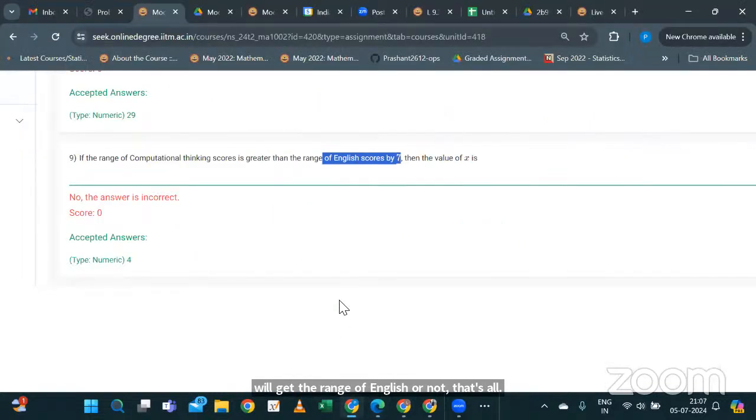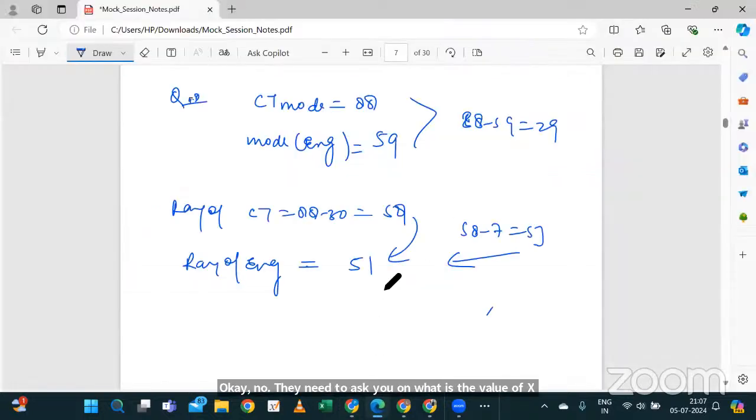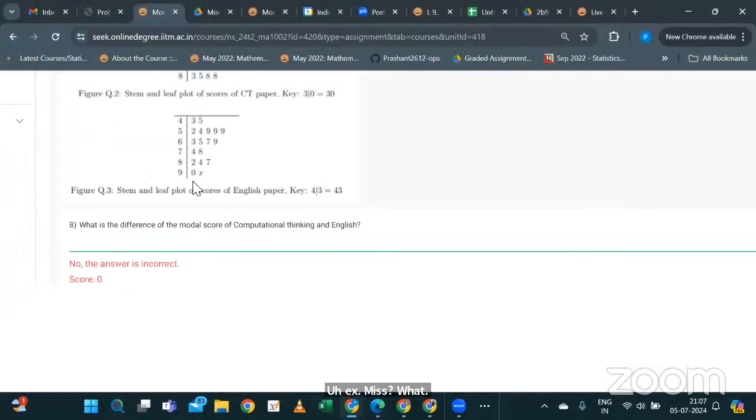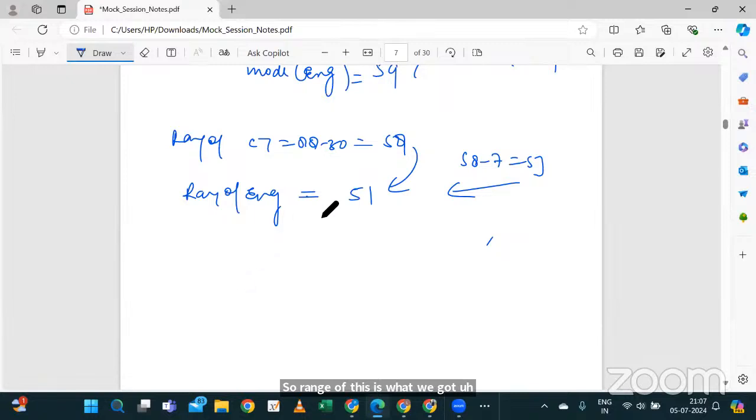Now it is asking what is the value of X. We can represent the highest value for CT as 90 plus X. So the range of English is 51. How do we calculate the range?